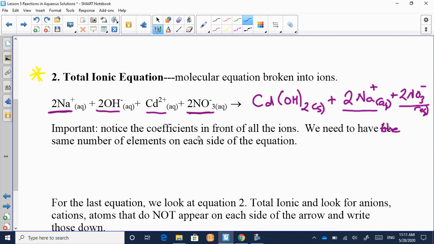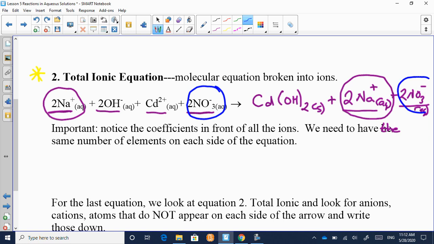So what I want you to notice here, I'm going to circle Na. Do you notice that Na hasn't changed from one side to the other? And look, NO3 hasn't changed from one side to the other. So we call those spectators. They don't participate in the reaction. They're just kind of in the background.